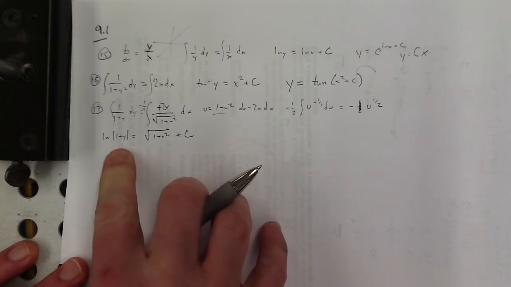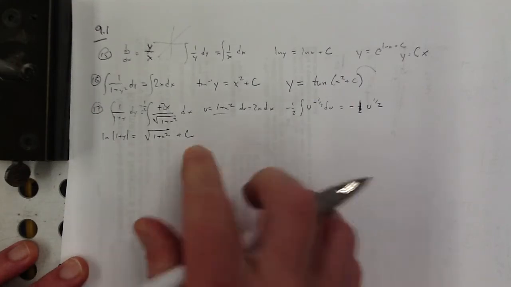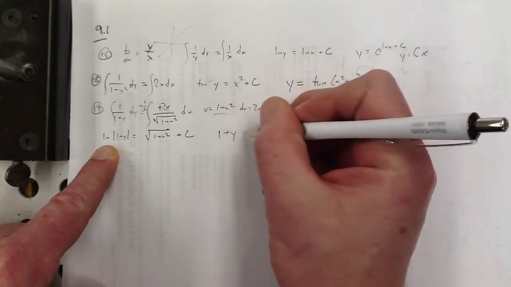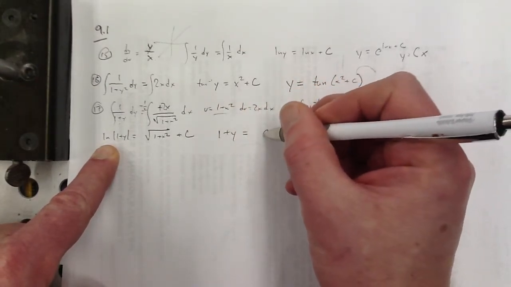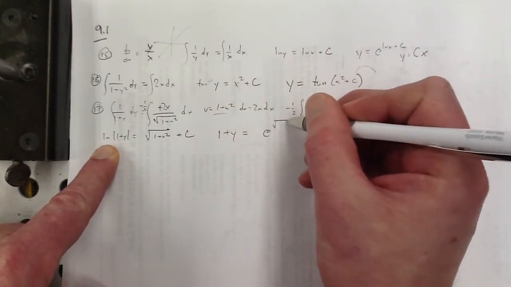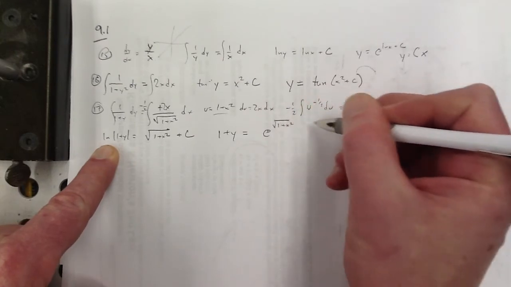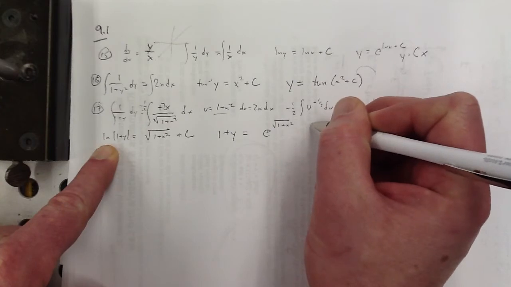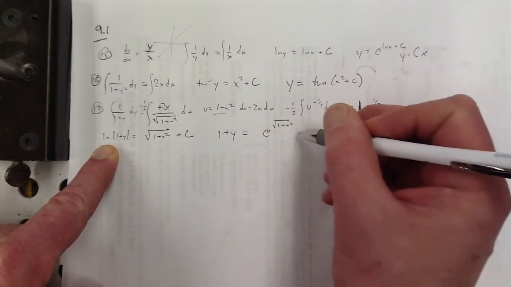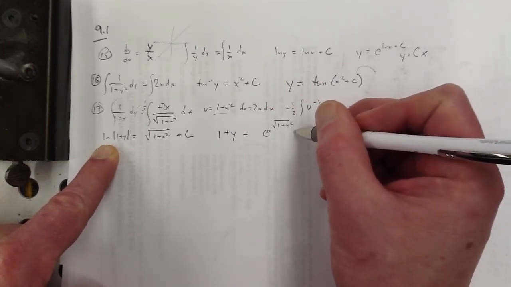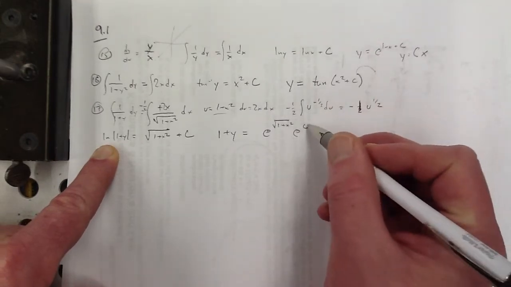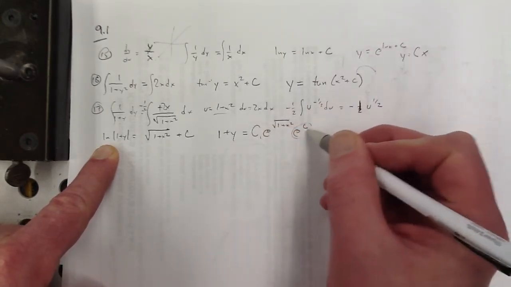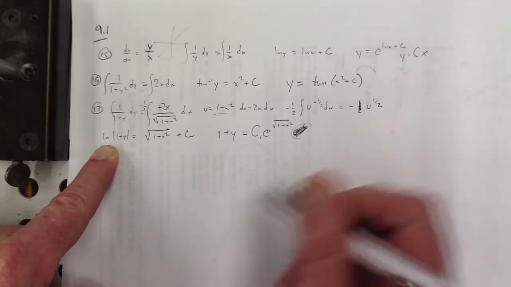And then if we want to exponentiate, that would give me 1 plus y is equal to e to the negative square root of 1 plus x squared plus c up here, but that can move down because that would be the same as e to the c, and e to the c is just some other constant. So that's a common move.